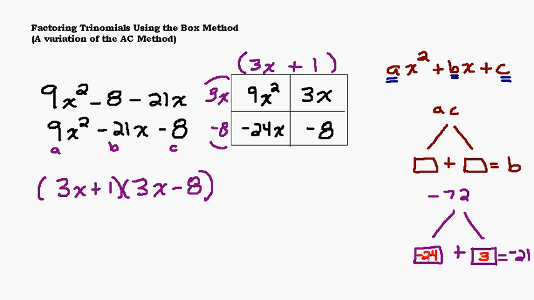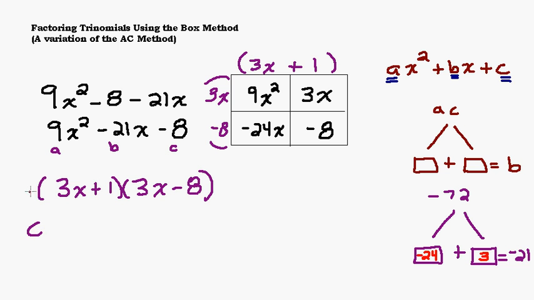Your two numbers you found go in these two boxes with x's, that's key. Then take the greatest common factor of each row, and it should correspond to these column values as well, so that they multiply together to give the area of each individual box. What's on the top and the side on the outside are your factors that multiply together to give your trinomial.